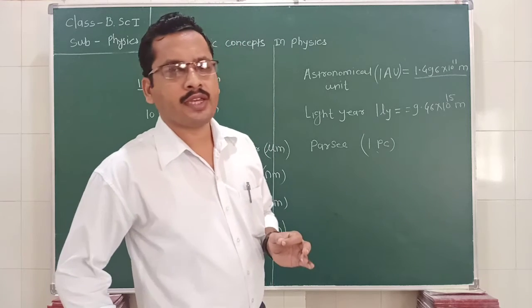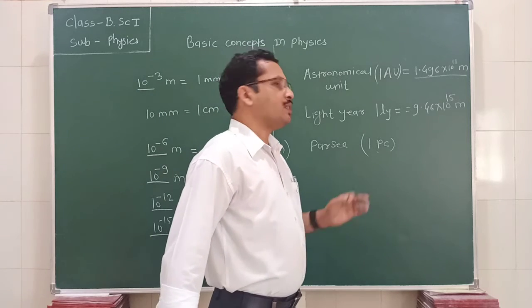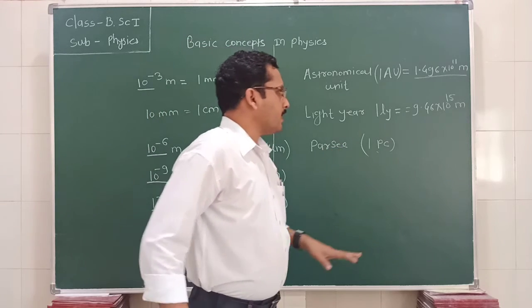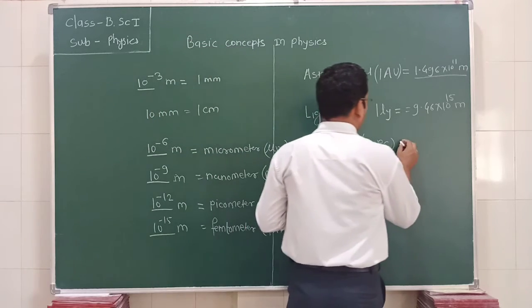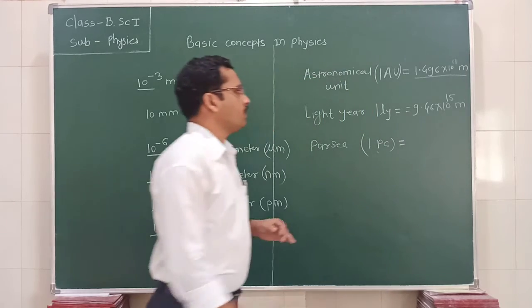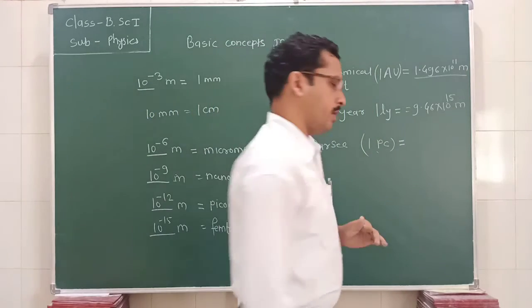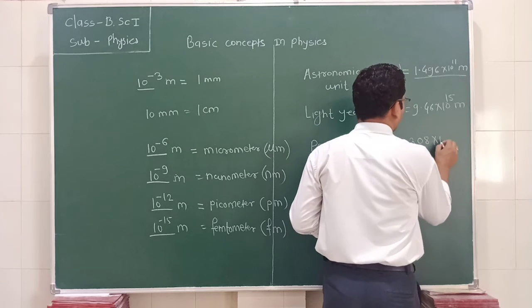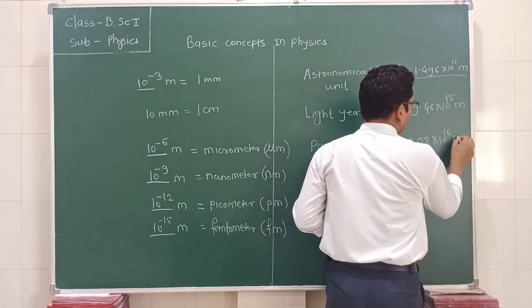What is 1 second? 1 second is nothing but a measurement of arc. So what is the value of parsec? 1 parsec is equal to 3.08 into 10 to the power 16 meter.